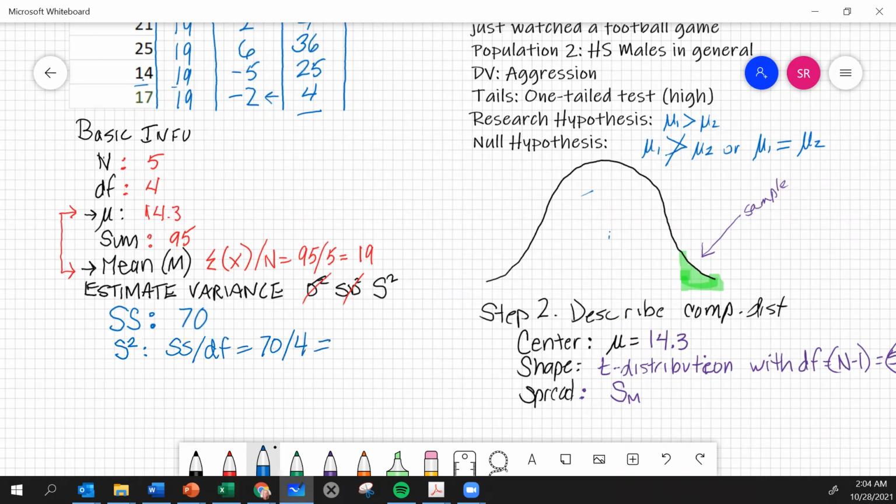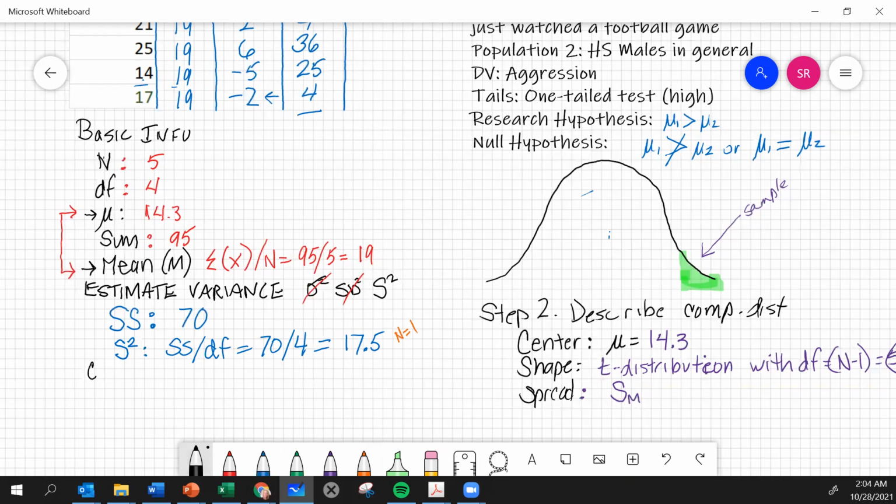That means our estimated variance is 17.5. Now we are all set with the variance, but this would be applicable to a population of n equals 1. We actually have n equals 5, so we can't use this. We have to calculate the distribution of means. So let's do that next.